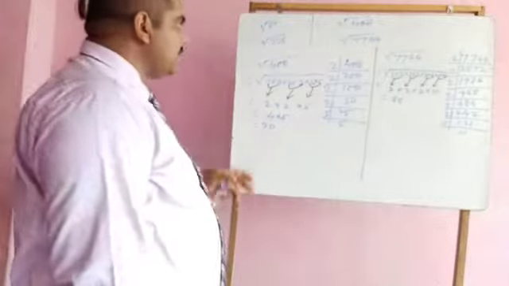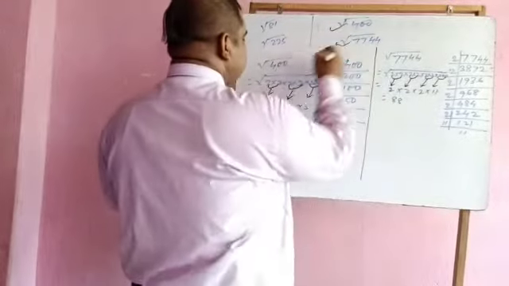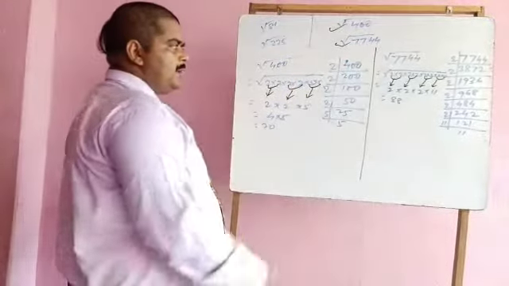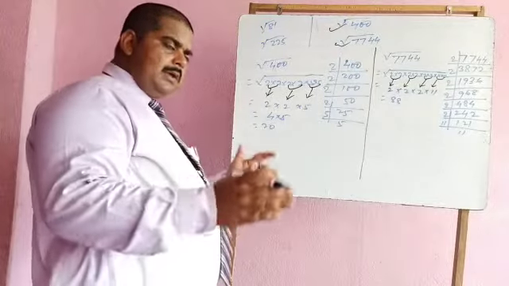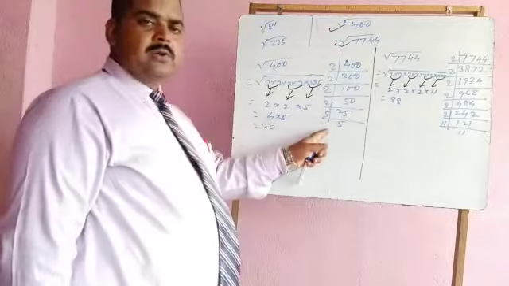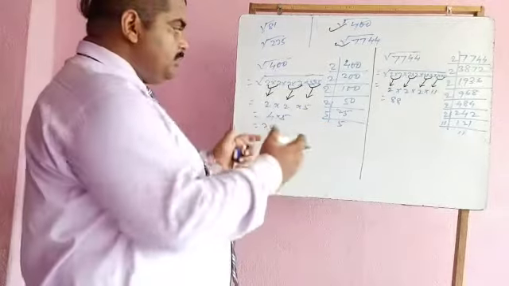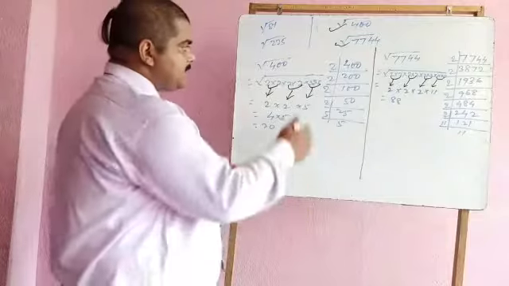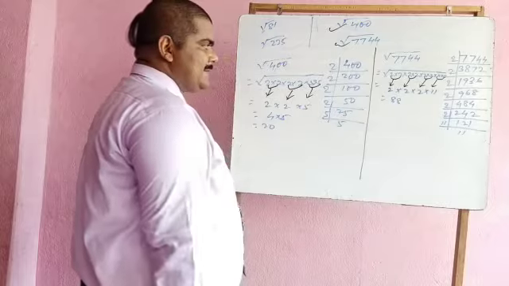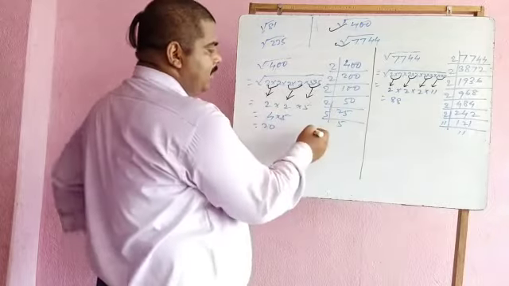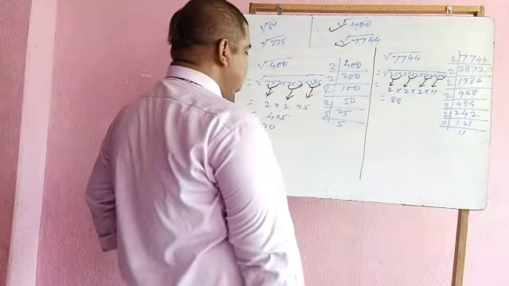My dear students, you have to see that I have taken these two. Square root of 400: I have done the rough work on the right side. You must do the rough work on the right side because it is part of the solution. You do not have to do it on the last page; just do it beside this question. At first I factorize 400, and it can be written as 2 into 2 into 2 into 2 into 5 into 5.